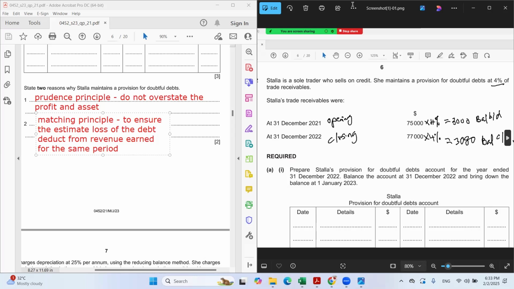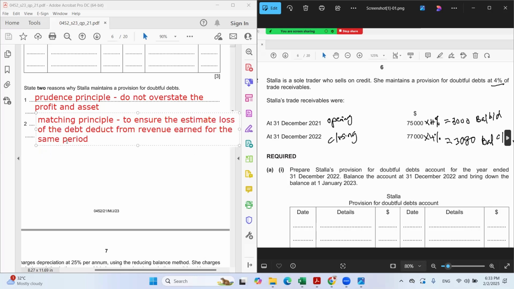So when we charge it as an expense, because this estimated loss is an expense, it reduces the revenue earned. So this is the matching principle.